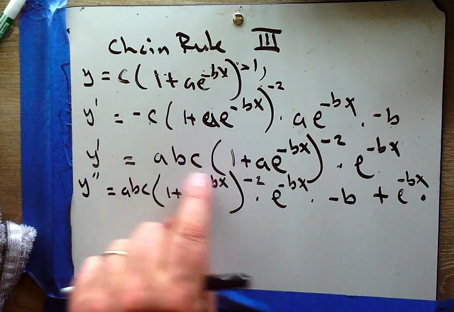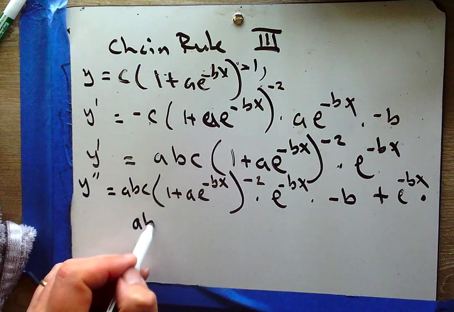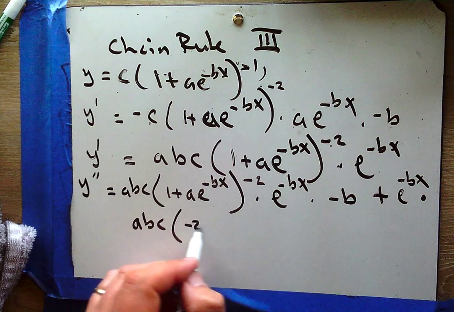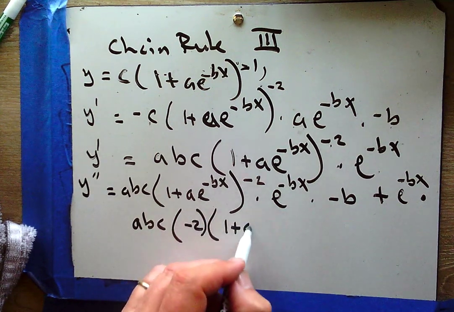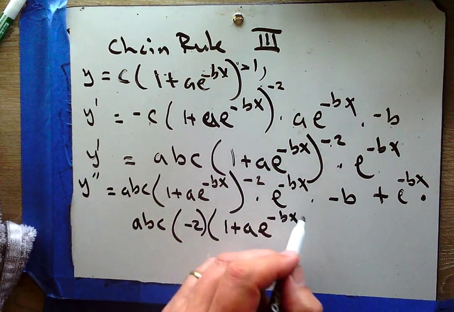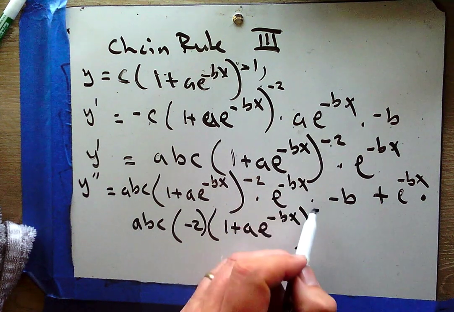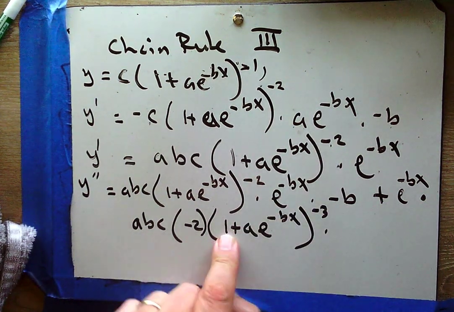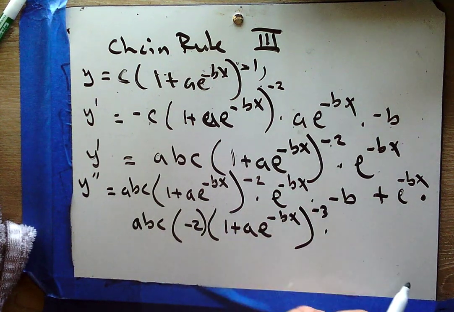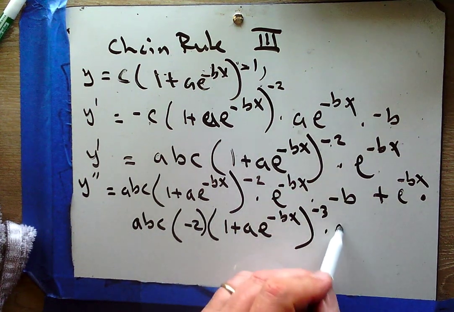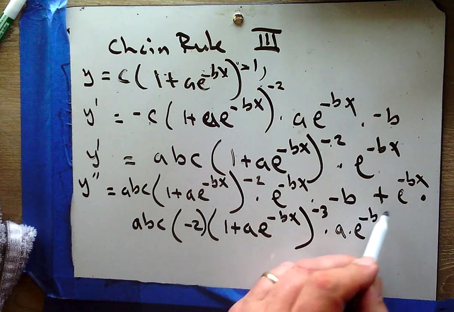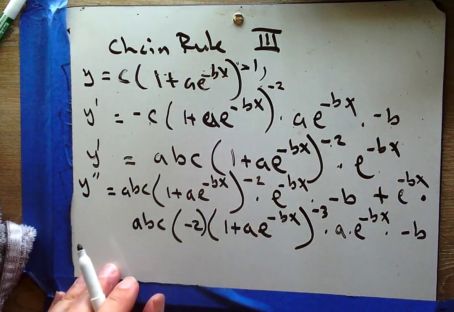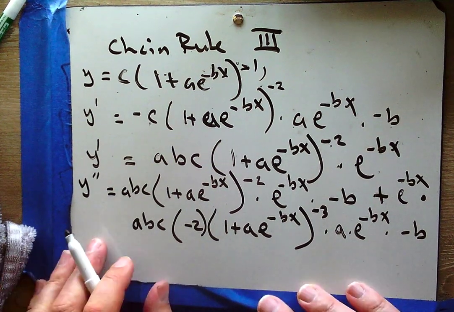Now, this is all constant, so we just have a, b, c, and then the derivative of this: bring down the negative 2, leave the inside stuff alone, and subtract 1, times the derivative of the inside, and the derivative of that is 0. The derivative of a times e to the stuff is going to be a times e to the stuff times the derivative of stuff. Okay, so now what can we type?